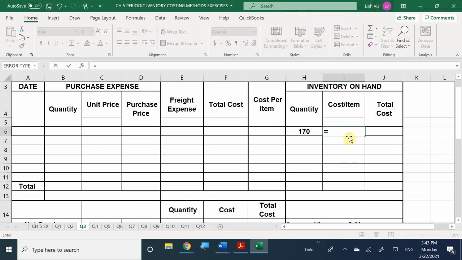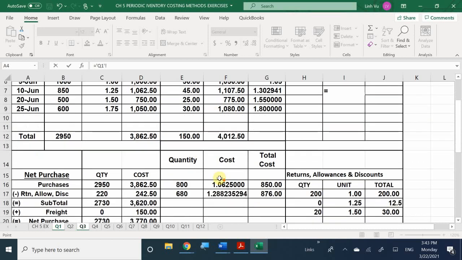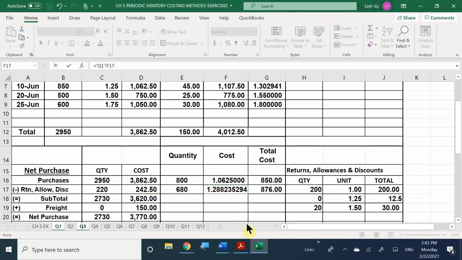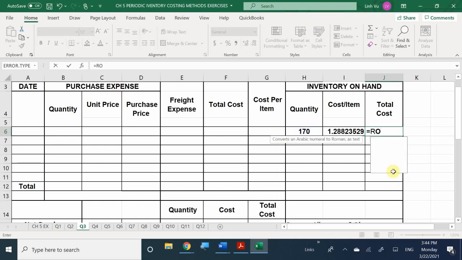And I'm going to copy and paste over that little section from my question number 1, because we had to compute a new cost per item to be 1.88235. That's going to be carried over. And that should equal, let me do equal round.